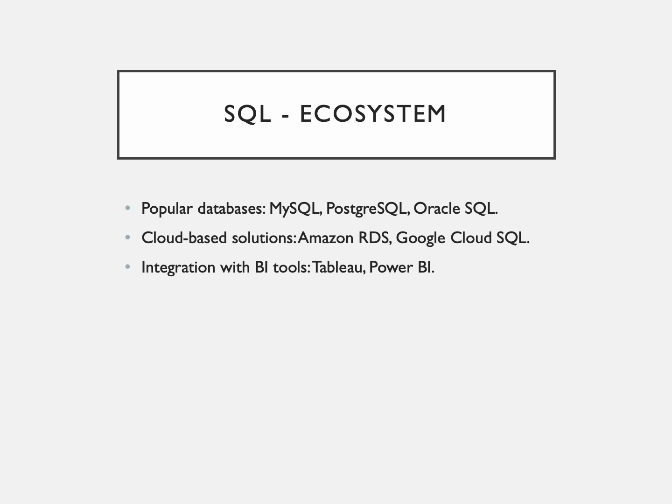Second is Google Cloud SQL, which is a fully managed relational database service that supports MySQL, PostgreSQL, and SQL Server. It integrates seamlessly with Google Cloud's analytics and AI tools, making it an excellent choice for cloud based data solutions.